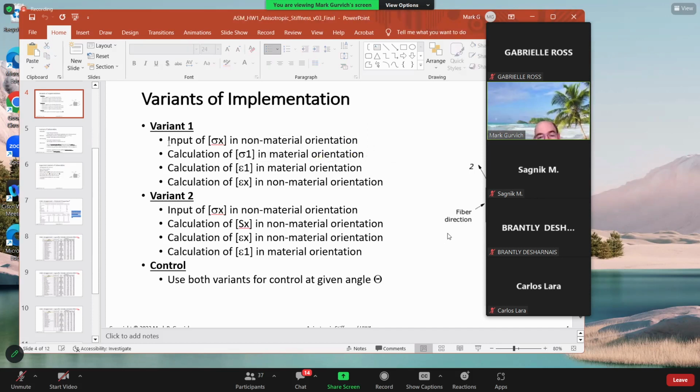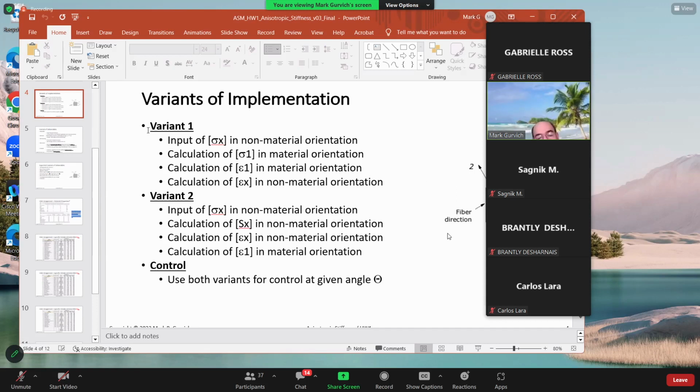There are at least 2 ways to do it. Variant 1 is the following. If you know sigma X and sigma Y, you rotate and calculate stresses in orientation 1 and 2.